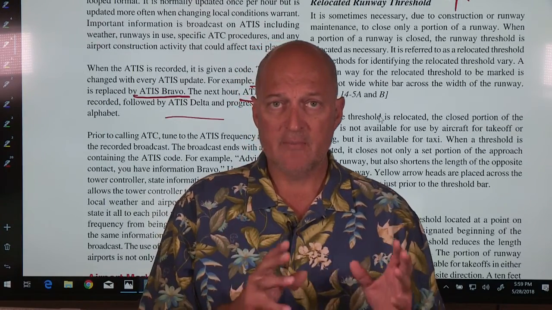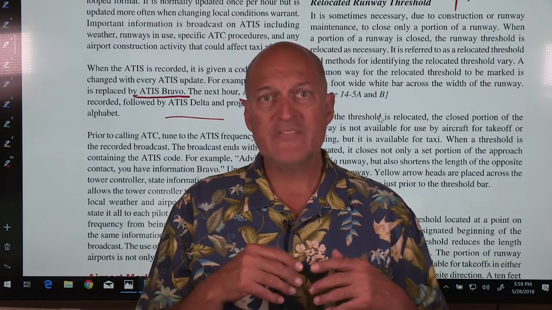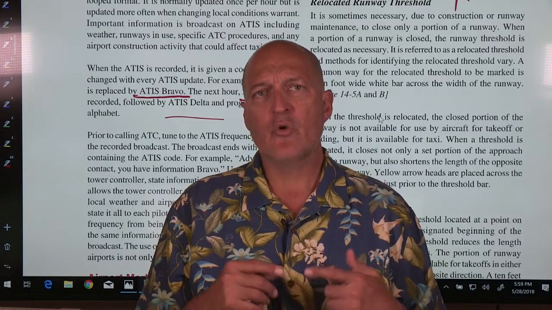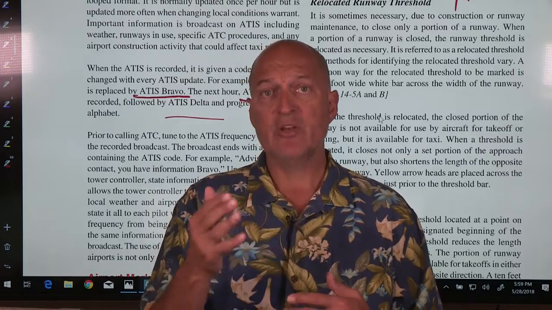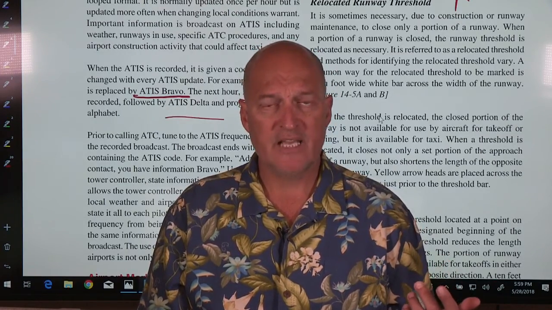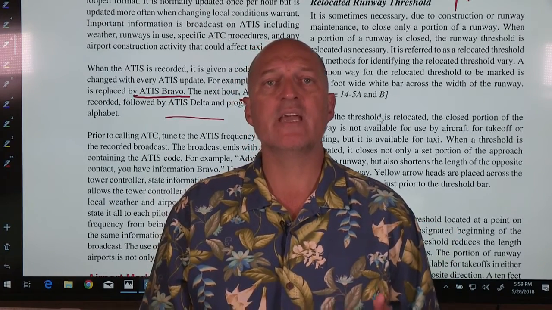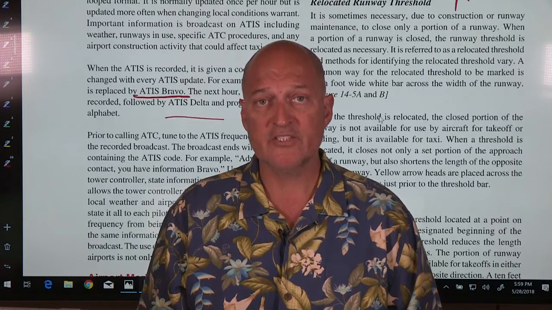We get the same type of readout that we get on weather, and these are done once an hour. So when they're produced, the weather is going to be pretty accurate, but then as the minutes tick by, if you're getting the ATIS 45 minutes after it has been recorded, chances are you're getting a stale forecast. So we need to know, when is this ATIS produced?